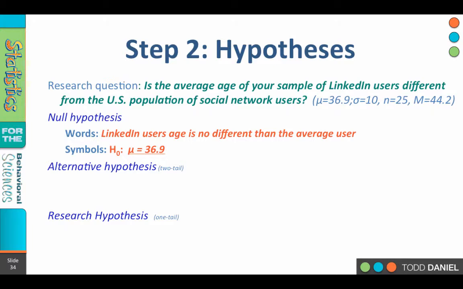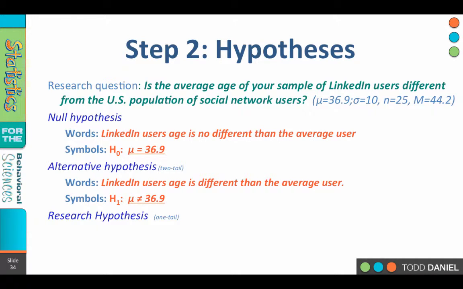So in words, LinkedIn users' age is different than the average user. And in symbols, our H sub 1 would be mu does not equal 36.9. The sample of LinkedIn users is drawn from a population that does not have a mean of 36.9.